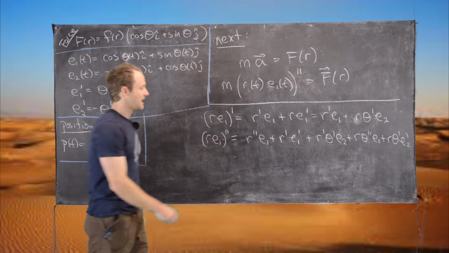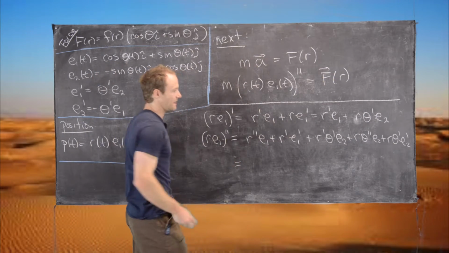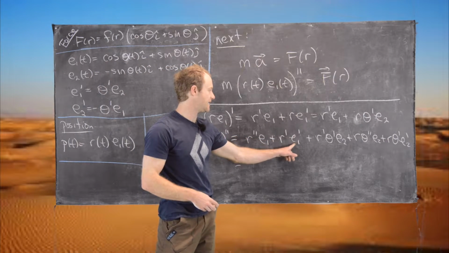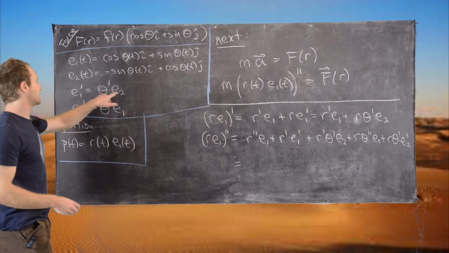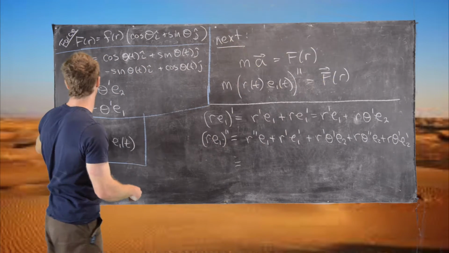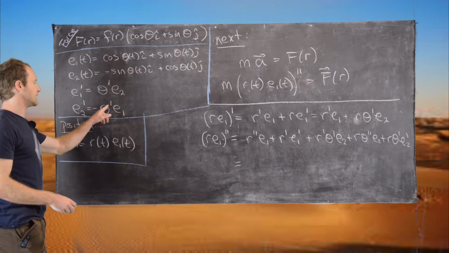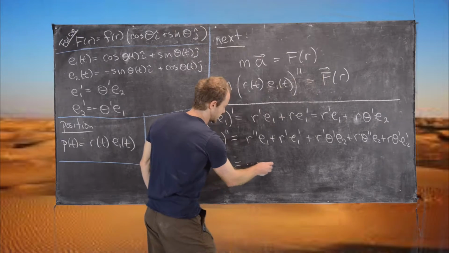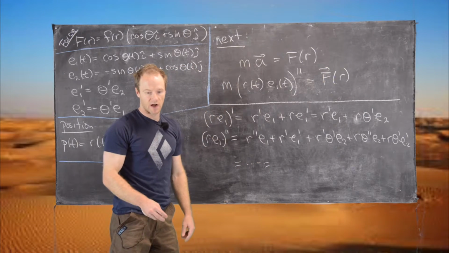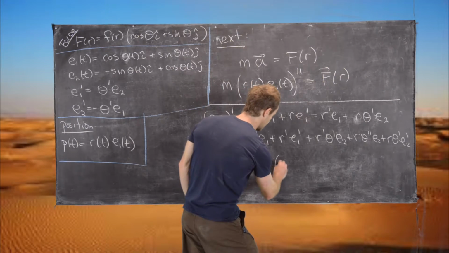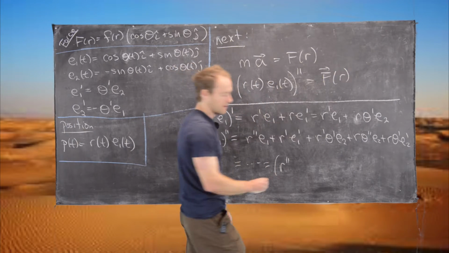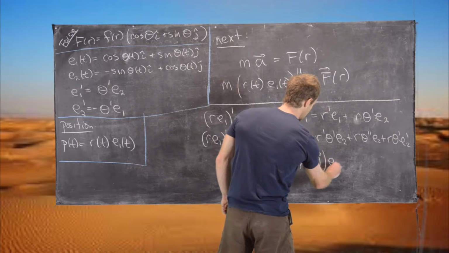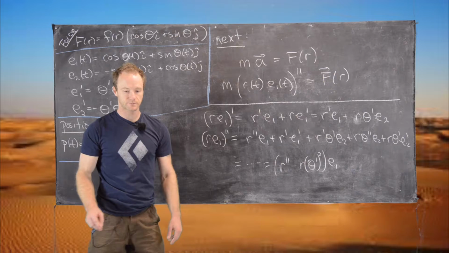Okay, great. And now we can continue on this, and we will substitute E1 prime for theta prime E2, and we'll substitute E2 prime for negative theta prime E1. And after all is said and done, so that simplification is quite elementary, we would get the following. So we'll get r double prime minus r times theta prime squared in the E1 direction. Good.